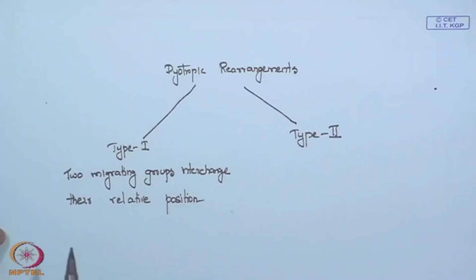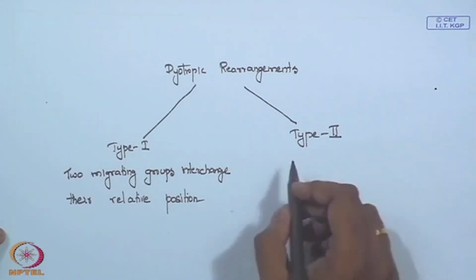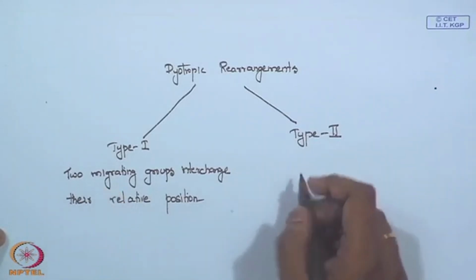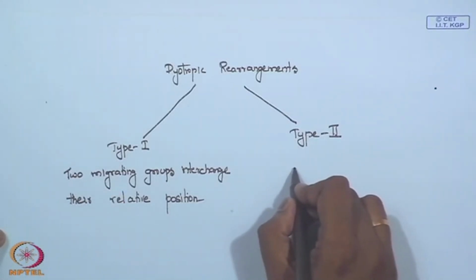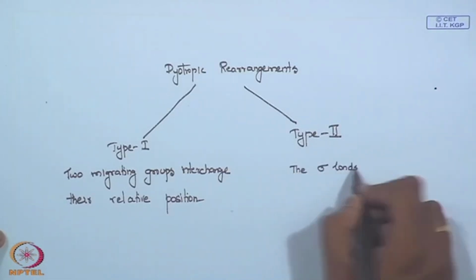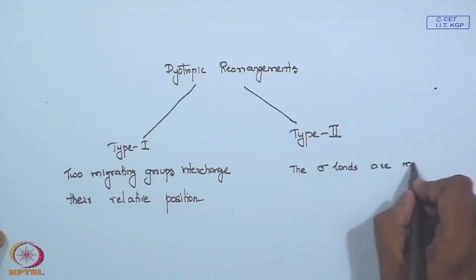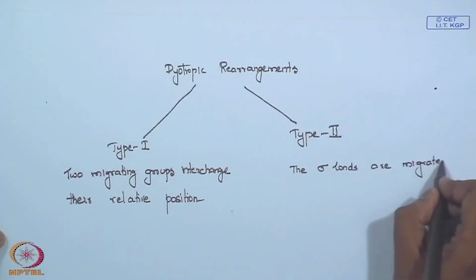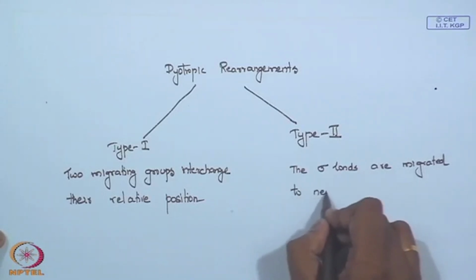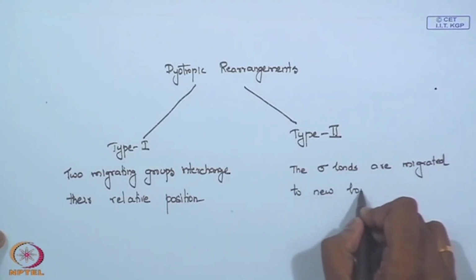In case of type 2, it is your bond, not the group. In type 1 it is your group. In this case, the sigma bond is migrated to a new bonding site.